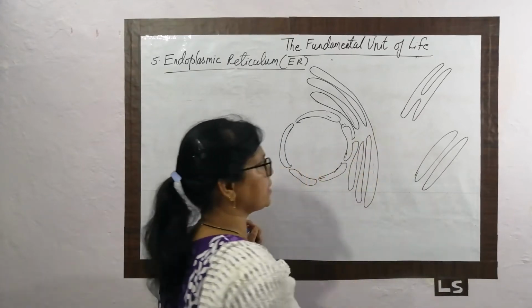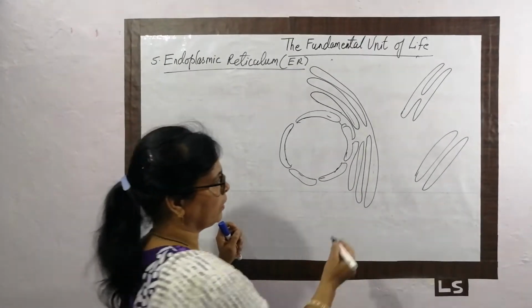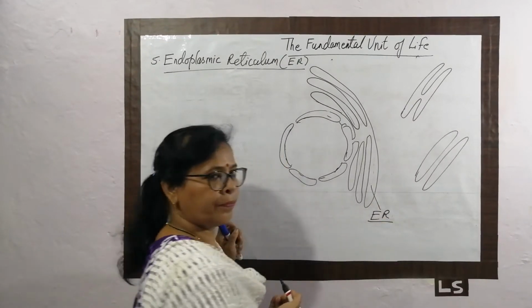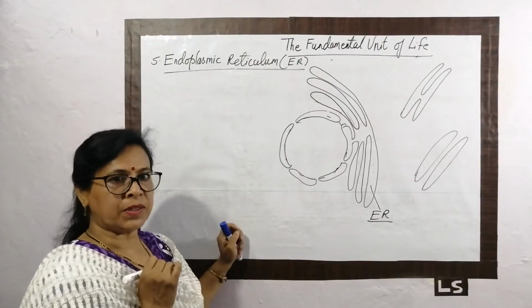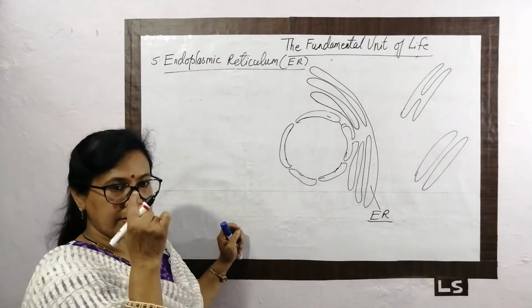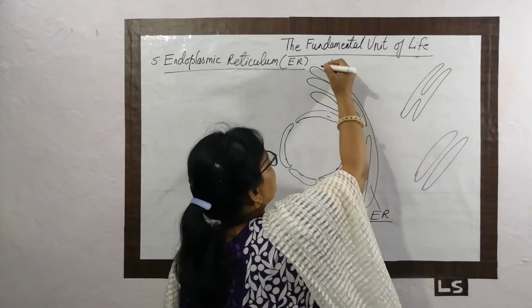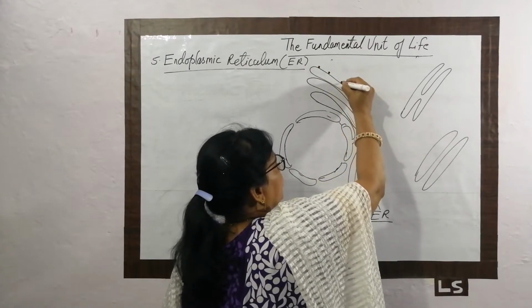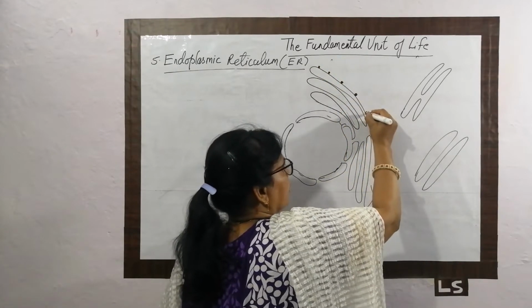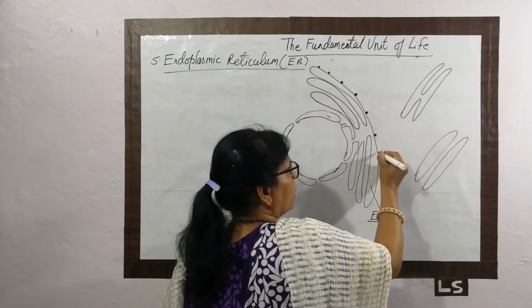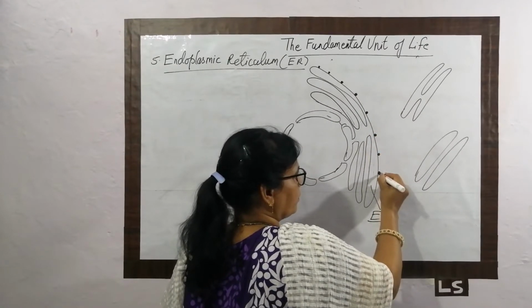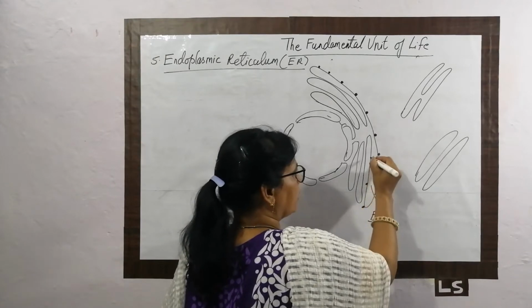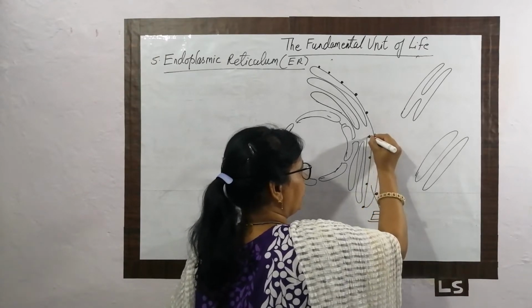This is the endoplasmic reticulum, ER. One more cell organelle is placed here, and that cell organelle is placed on the outside surface of the endoplasmic reticulum in the form of small granules. Some small granules are present outside the endoplasmic reticulum.